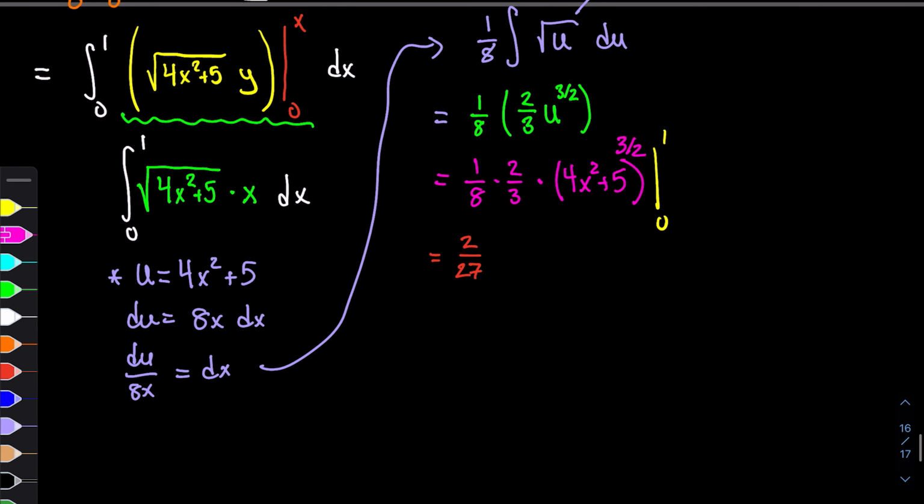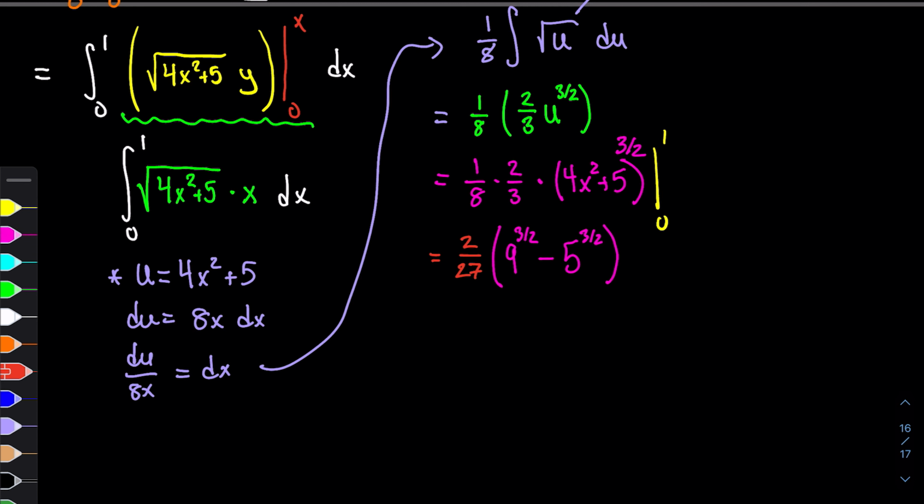So what's happening here? We're just going to plug in our bounds now, and we should be done with this problem. So we're going to plug in 1, and I believe 4 plus 5 is 9, so we get times 9 to the 3/2. And then minus, what do we get when we plug in 0? We get 5 to the 3/2, right? Something like this.